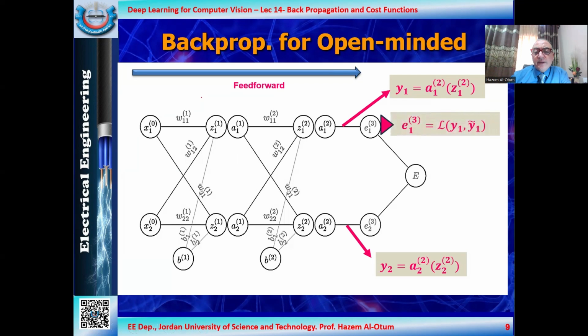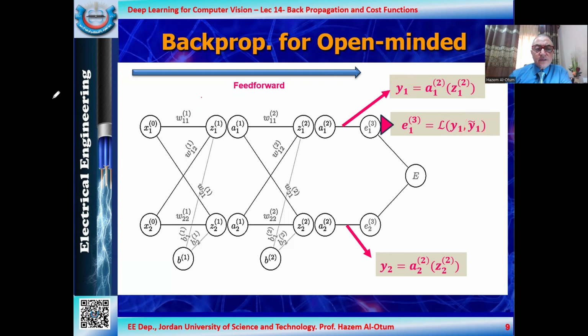And then we want to find the error. It looks like E subscript 1 of the superscript 3, which means it looks like a third layer, but it's not true. In fact, it's just annotation. So we want to find the error between the calculated y1 and the predicted one.